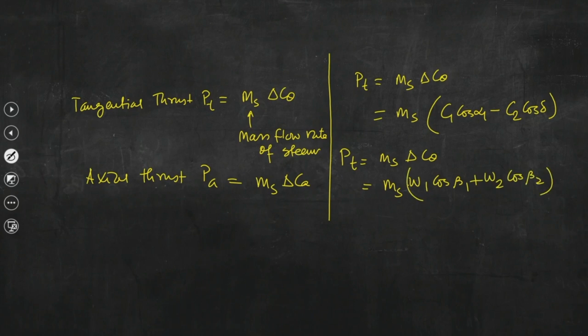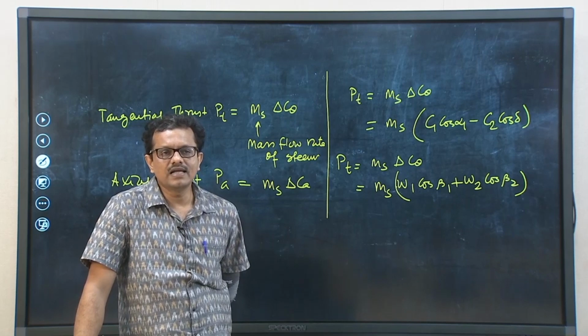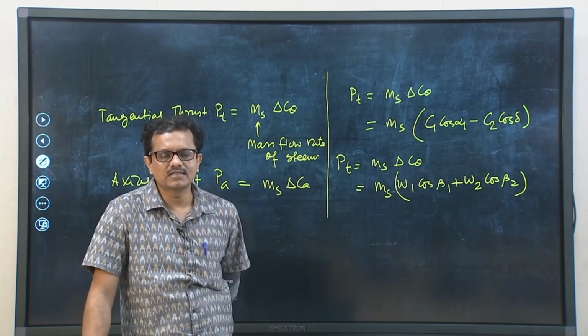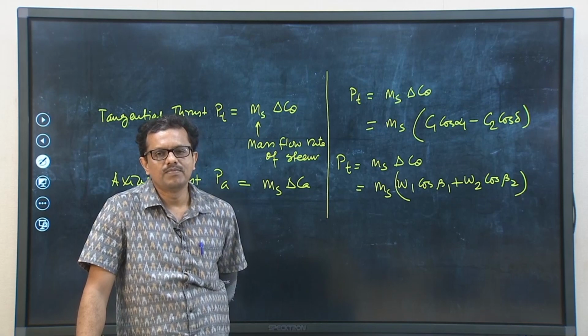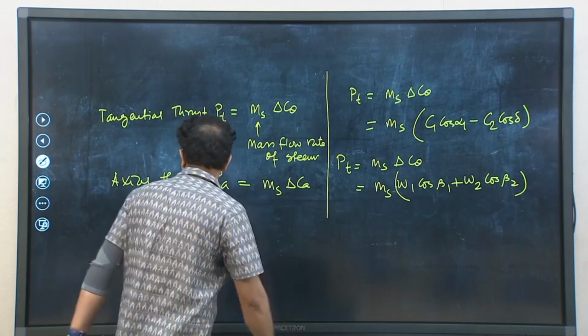Now, impulse turbines are designed in most cases with symmetrical blades.